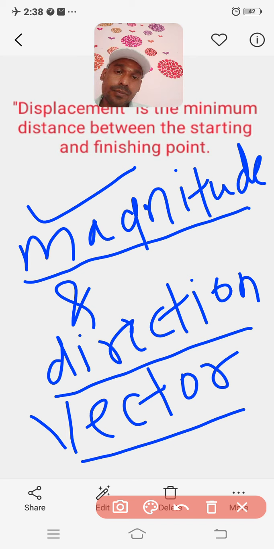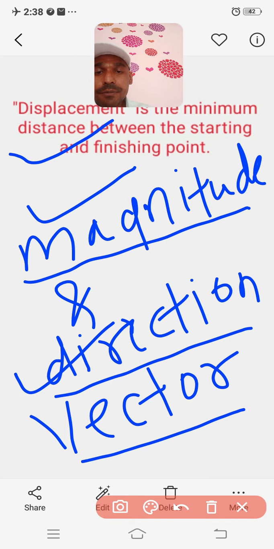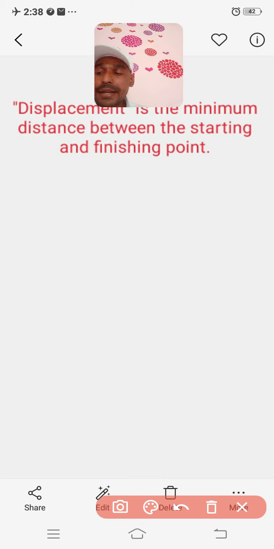I think we understand the displacement definition and displacement quantity. So I tell you the displacement units.